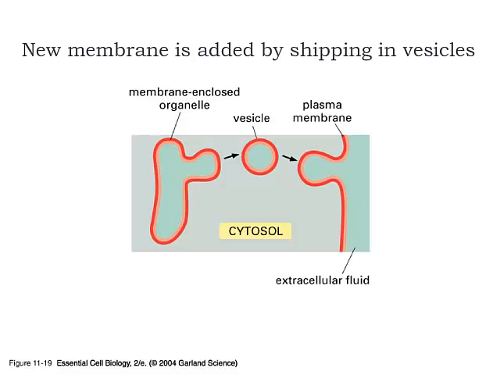Yep, so it works both ways, in and out, bringing things in and out of the cell. But basically, this is how the cell grows, by shipping the lipids made in the ER through the Golgi to the plasma membrane.